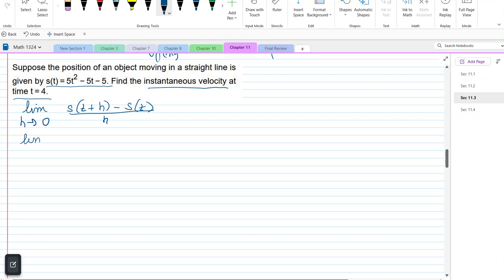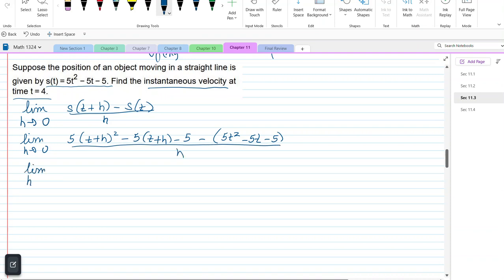So let's do some math. Now remember, in the second course, we're going to use rules to remove the need for that difference quotient and taking the limit. So we're going to have 5 times t plus h squared minus 5 times t plus h minus 5, minus 5t squared minus 5t minus 5, all divided by that h.